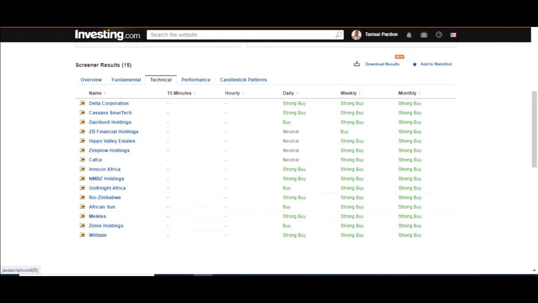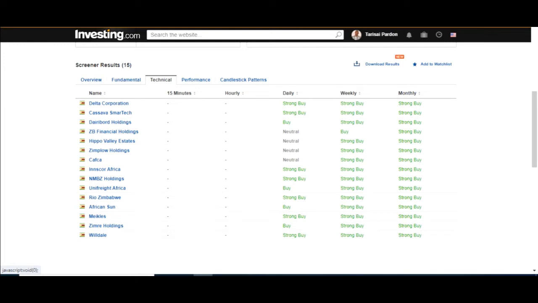And from the methodology that I have applied, you would see that out of all the 15 counters that I have chosen, only a few are indicating that they are neutral.